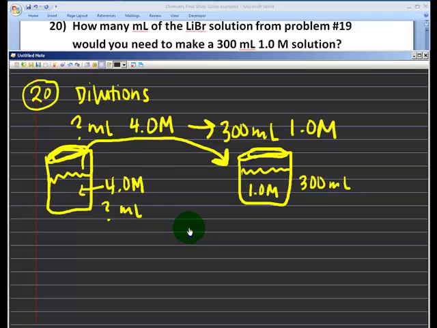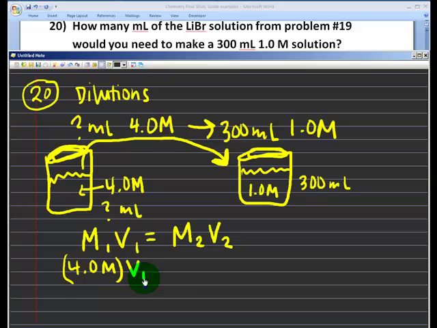Alright, so the equation you need to use is M1 V1 equals M2 V2. M1 is your first molarity from your stock solution, so that would be 4.0 molar. And we're looking for that first volume, so we can simply write V1 equal to M2, that's the molarity we're making, which is 1.0 molar, times the total volume that we want to have, which is 300 milliliters.